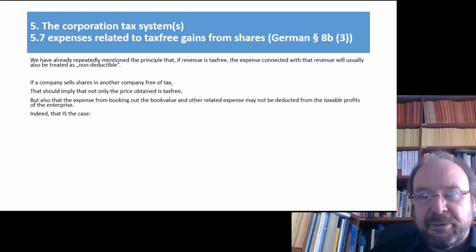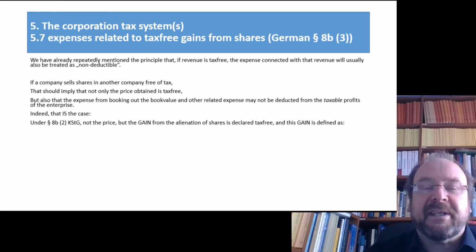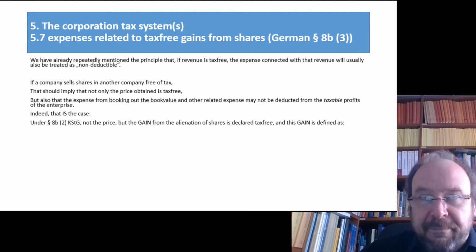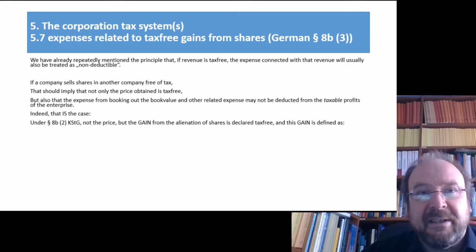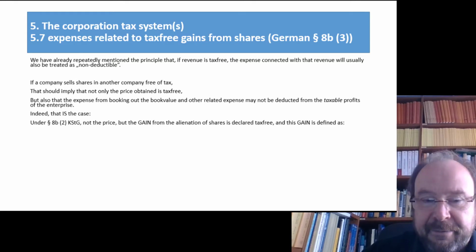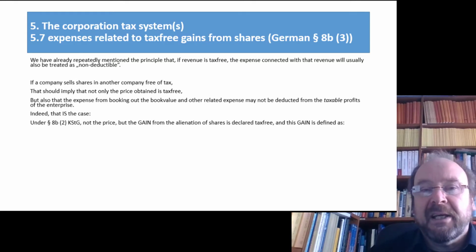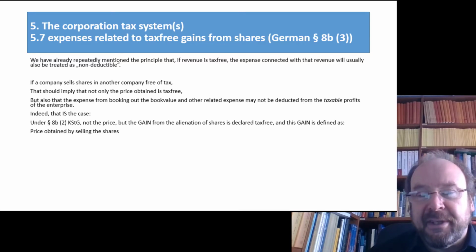Indeed, when you look to the rule on the tax exemption in 8b2 German KStG, there it says, if a company sells shares in any other company, then the gain from the sale is tax-free. And then the rule is: compute the gain as price minus book value minus all costs related to the sale.